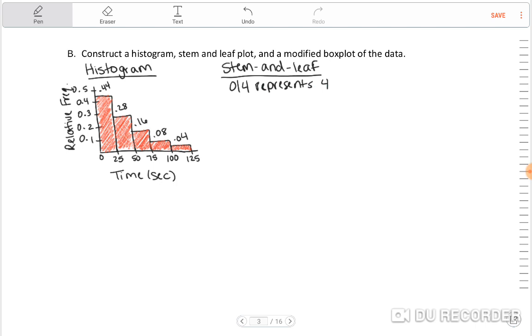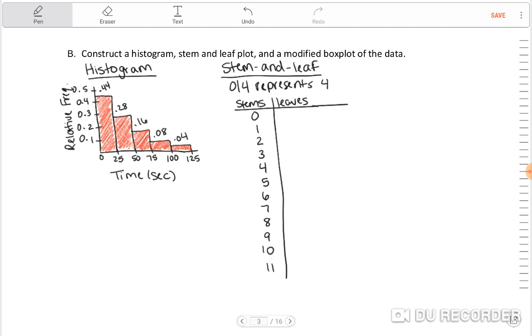And then our stems, and leaves. Okay, so we said they're going to have to start at 0, 1, 2, 3, 4, 5, 6, 7, 8, 9, 10, 11.